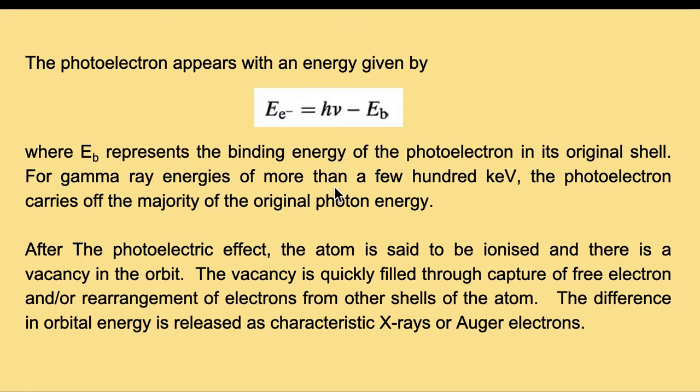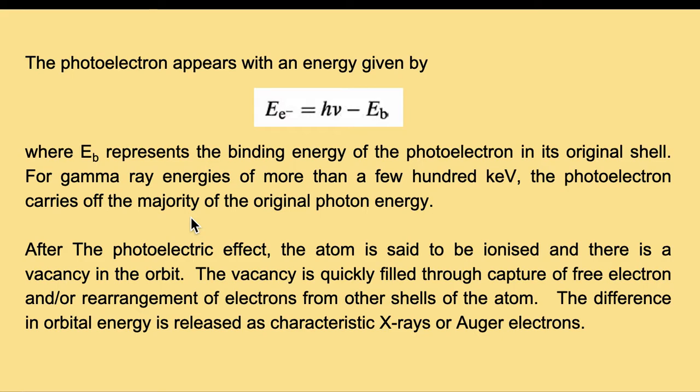For gamma rays of more than a few hundred kiloelectron volts of energy, the photoelectron carries off the majority of the original photon energy. Binding energies are of the order of electron volts, so most of the energy is carried away by the electron as its kinetic energy.